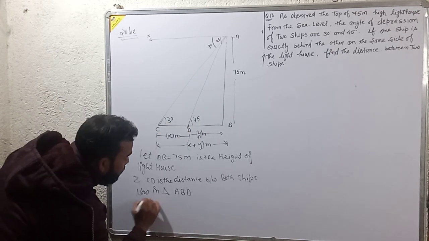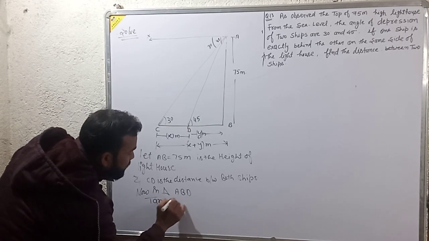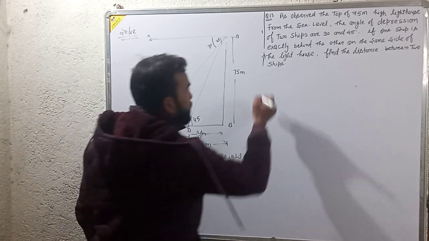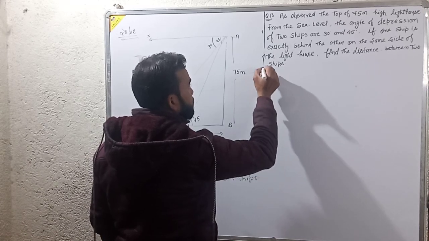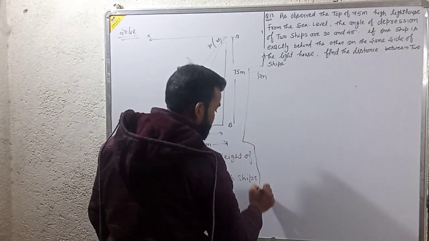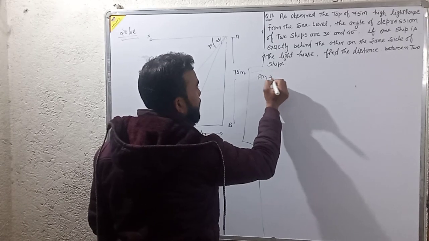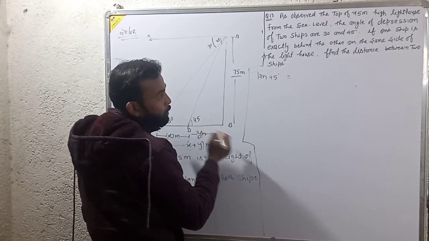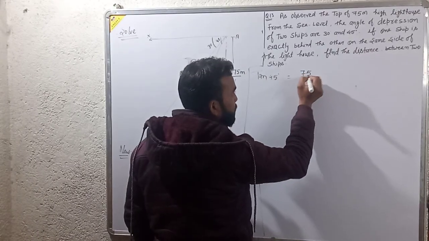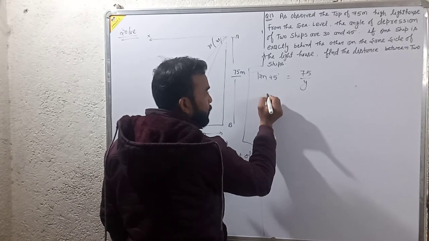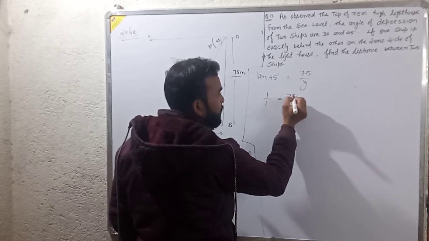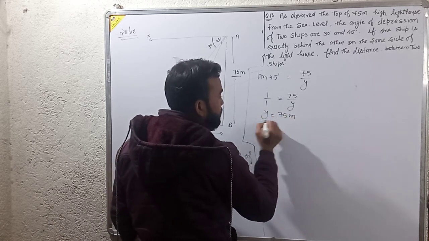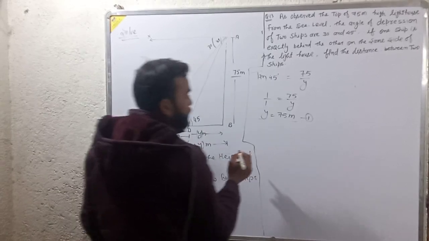So tan 45 degrees is equal to P by B, that means 75 upon y. Tan 45, that means 1 by 1, is equal to 75 upon y. y is equal to 75 meters. This is equation number first.